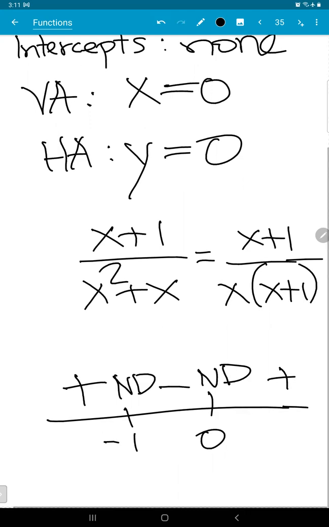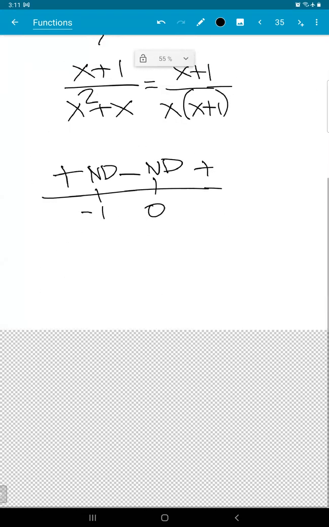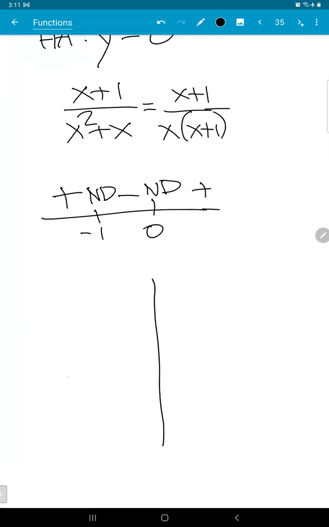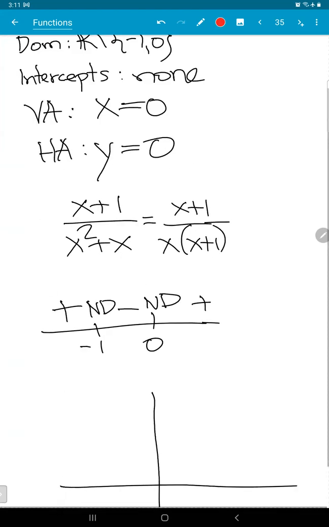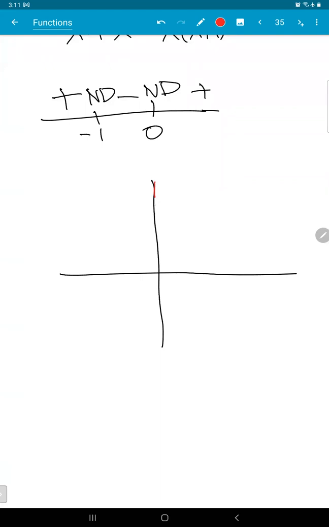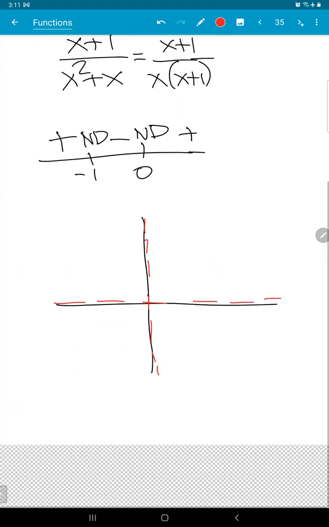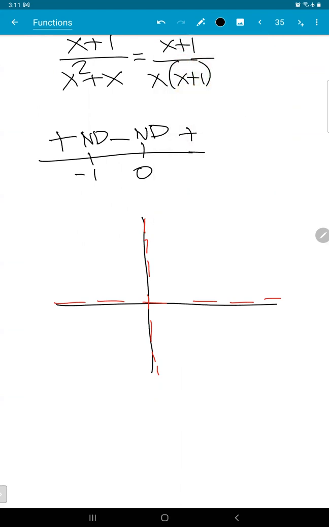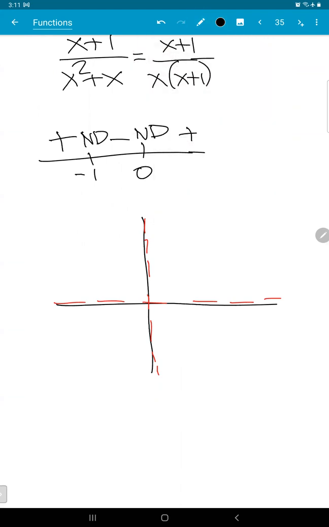And if you sketch the graph, so these are the asymptotes. And is there an intercept? There's no intercept. So you know there are only two possibilities at either side of the vertical asymptote.